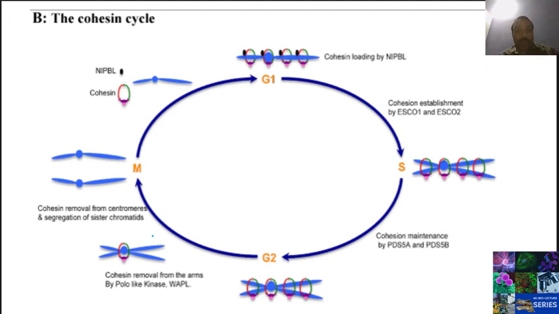The mechanism of cohesin action is very interesting to understand. In this slide, you can see the G1, S, G2 and M stages of the cell cycle, and the chromosome is represented in blue color. You should note that the number of chromosomes and chromatids vary according to the stage of the cell cycle.